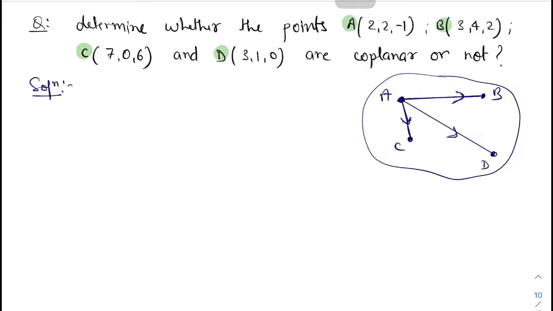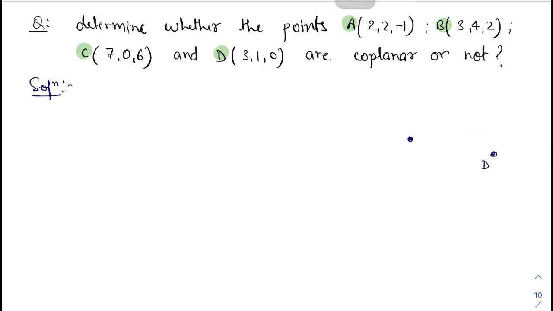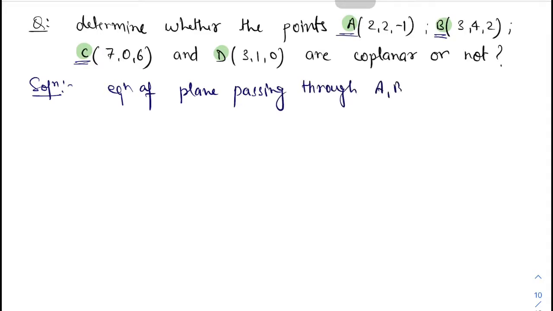Other method can be we can write the equation of plane passing through any of these 3 points. So let me write the equation of a plane which passes through the points A, B and C. Equation of plane passing through A, B and C. Okay, let's say the equation is ax plus by plus cz plus d is equal to 0.